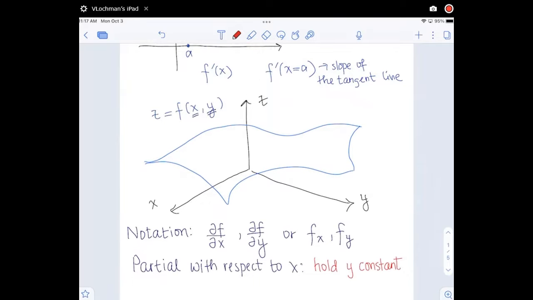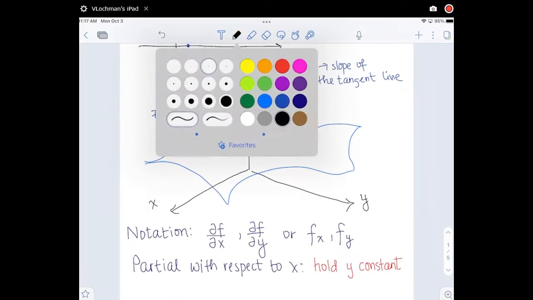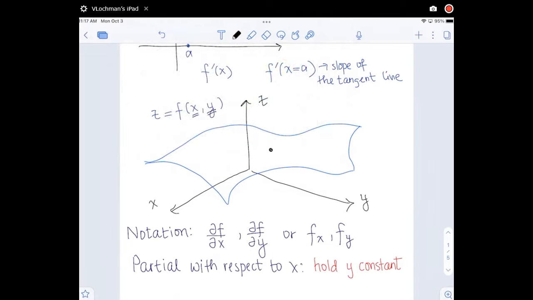Now imagine what that means for this picture. If we keep y constant, and let's say we start at some point that we want to compute the partial derivative at, some point (x null, y null), I want to find the partial derivative with respect to x at that point. That means y is constant.